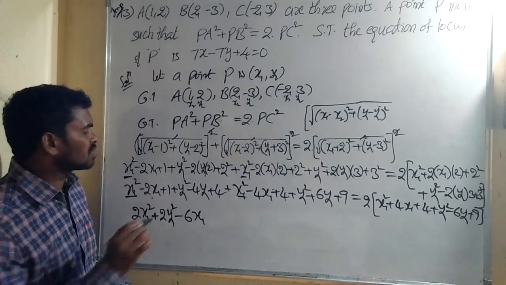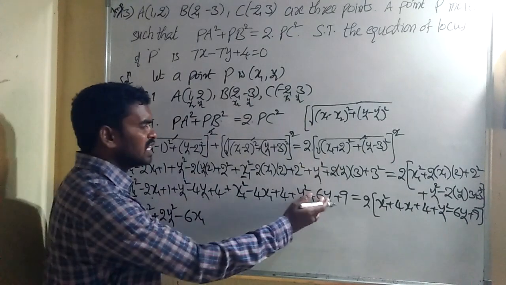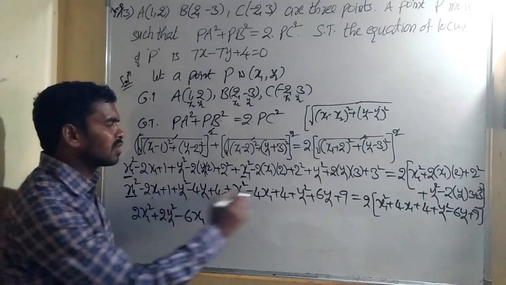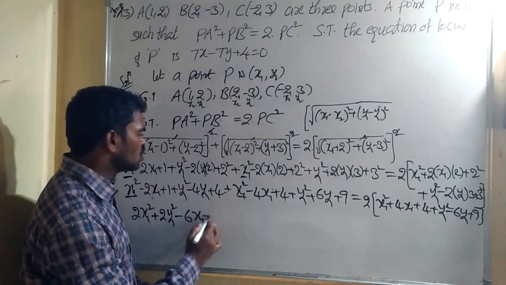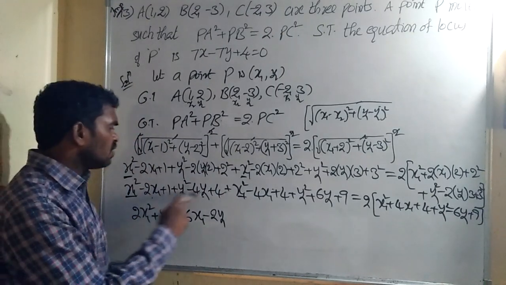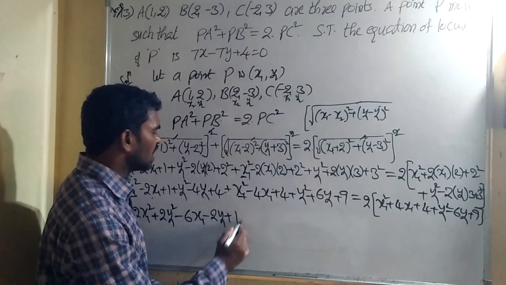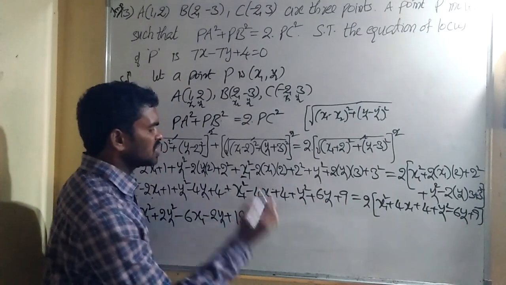Next y1 terms, here minus 4y1, here plus 6y1, means 1 is plus, 1 is minus, to subtract. So we get 6 minus 4 means 2y1, very good. Then numbers 1 4 5, 4 9 is 9, 18 plus 18, and is equal.